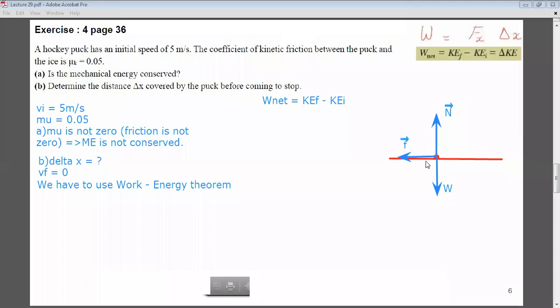These are forces. Okay. So the friction is, the object is moving to the front. That's why the friction is to the back. So the x-axis is to the front. So this is x-axis, this is y-axis.